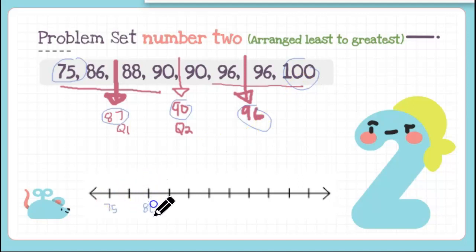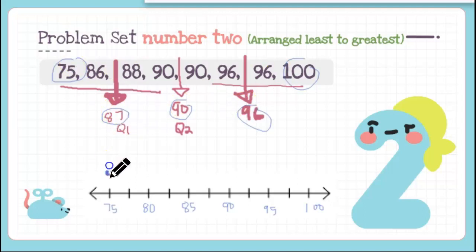I could skip, but make sure when you skip it's the same size. The interval should not be of different size. Okay, the intervals must be the same. So by 5: 80, 85, 90, and then we got 95, and I know our highest number is 100. Then we could plot the summary points that we have.